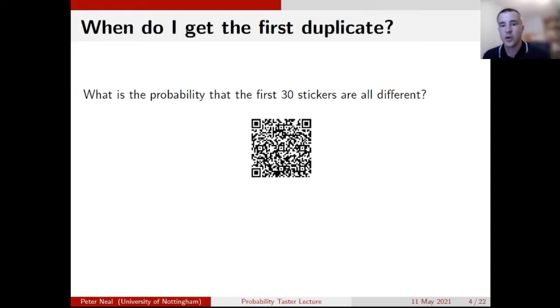In the question, we've got a few options ranging from just a 10% chance that they're all different, 0.1, through to a 95% chance that they're all different. I'm going to give a minute for people to look at the possible answers. There are, I believe, 6 possible answers, so choose which one you think is right. I will then go through and show you which answer is correct.